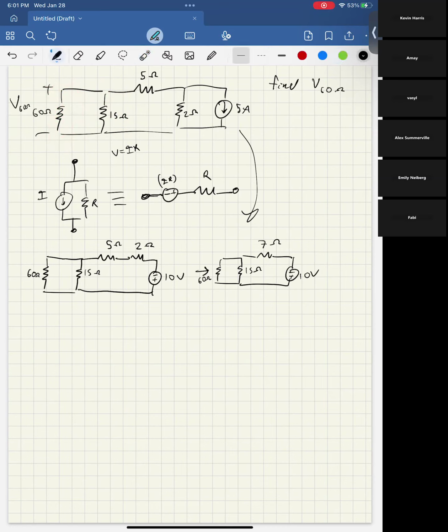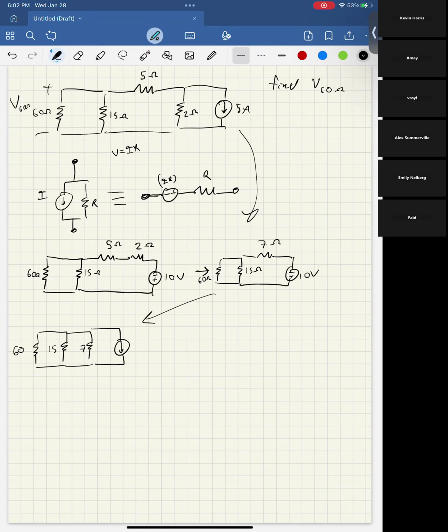So here I have a circuit that looks like this, and we can now turn this back into a current source with the inverse of that transformation, right? So 60, 15, and then this was 7, right?